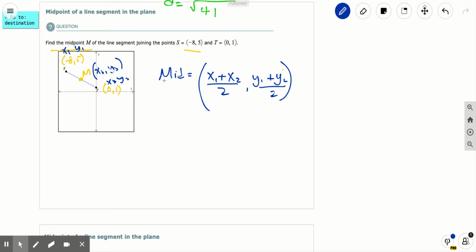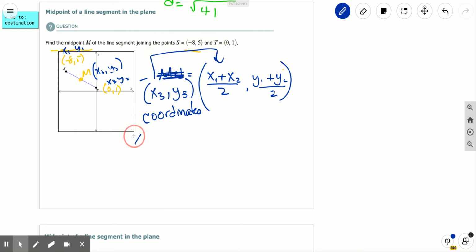Instead of writing midpoint, I want you to realize you're going to get a point. You're going to get a midpoint in a point. Like these are the coordinates. Instead of 3, let's get fancy and put an M. That means x of the midpoint.